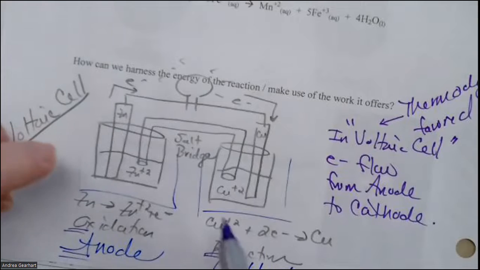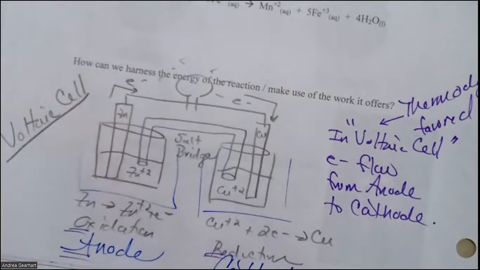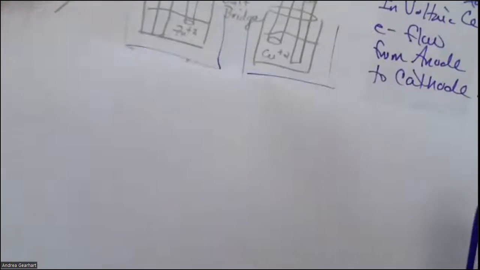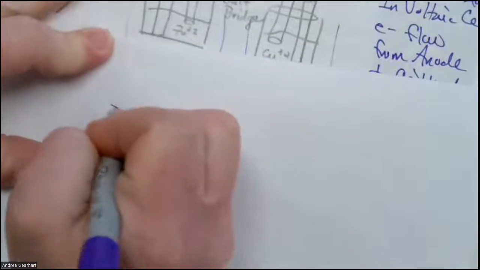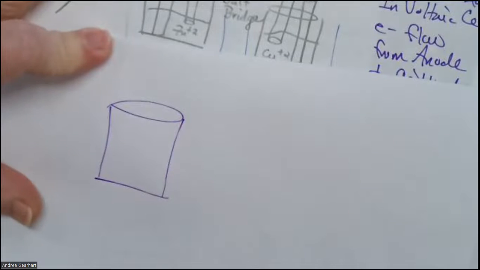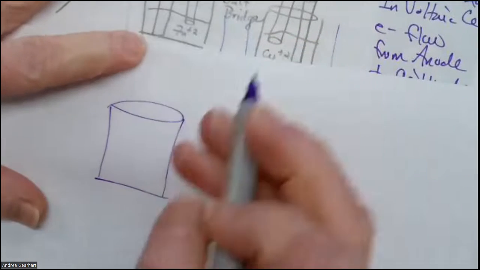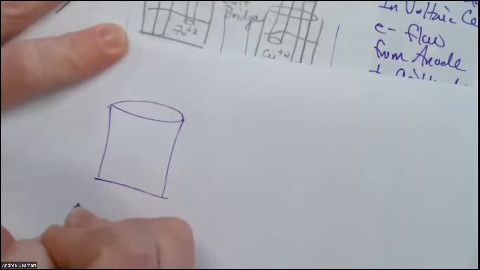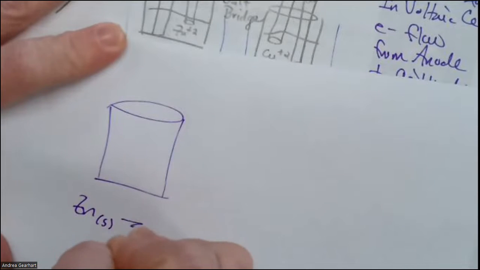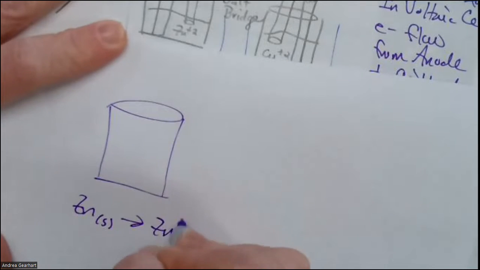Okay. Now, why the salt bridge? Can we imagine the particle level? And so we need to get on that Miss Frizzle school bus and go into this half cell, our anode. So what we are saying is, this is our oxidation. The zinc solid is forming zinc +2, giving 2 electrons.